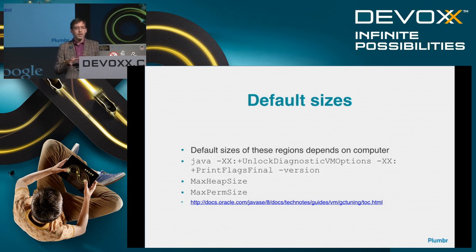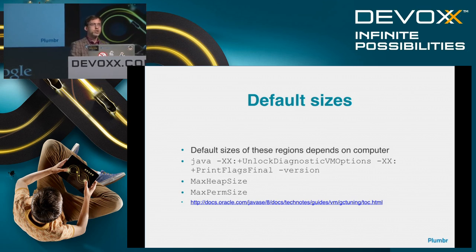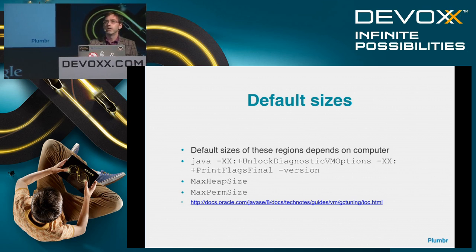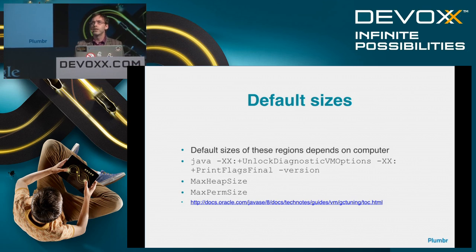If you just run your Java without specifying Xmx or Xmn or any other memory-related parameter, JVM will allocate and divide those regions using some defaults that you can look up if you're interested.